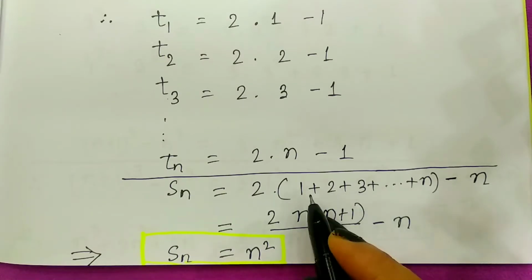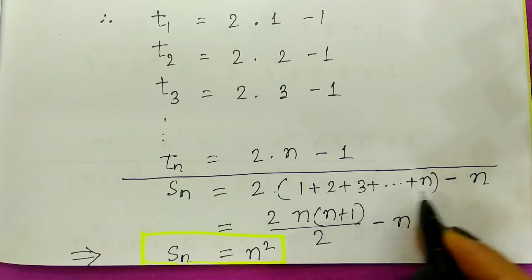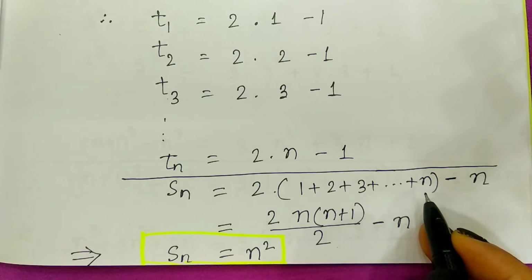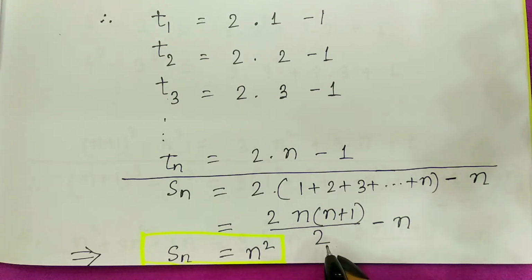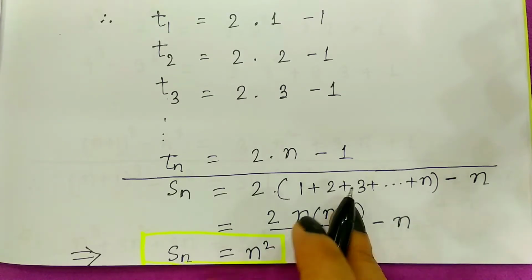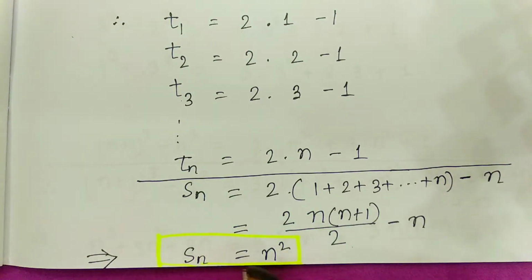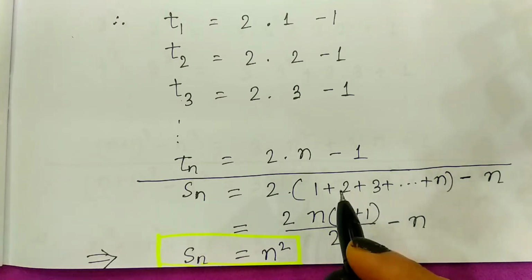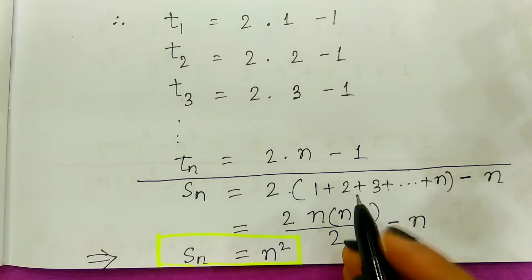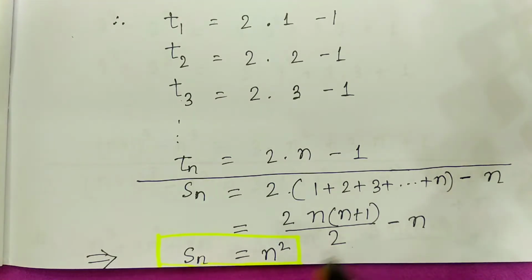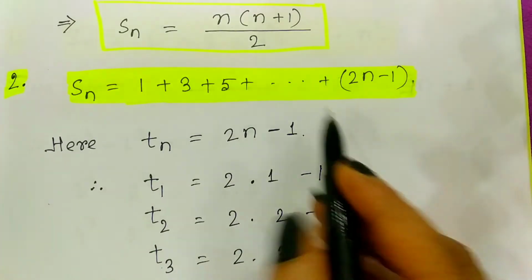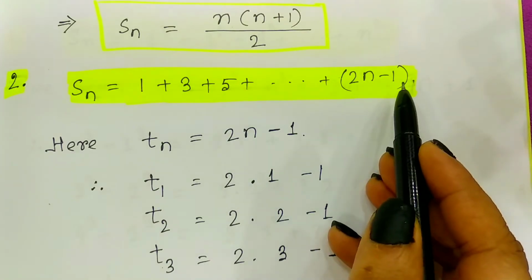Now if we simplify, we know 1 plus 2 plus 3 in this way has the formula n into n plus 1 by 2. If we substitute that, finally we find Sn is equal to n squared. So just look here, we used the previous series as a formula and we get this value. So for this series, the summation value is n squared.